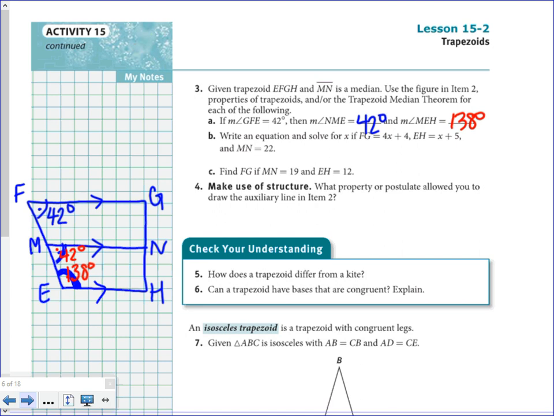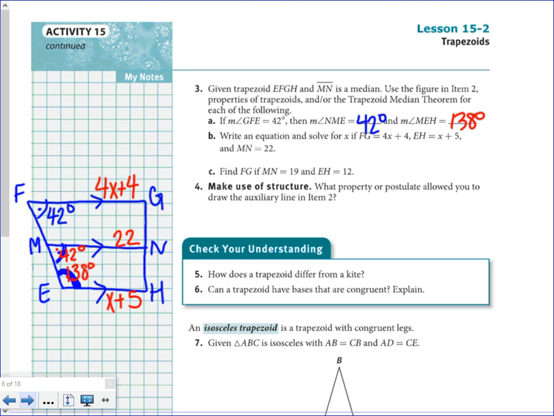For part B, it asks you to look at the side lengths. So they tell you that FG is 4x plus 4, and that EH is x plus 5, and that MN is 22. So the first thing that we need to do is to set up an equation. You can set up either one that we looked at just a minute ago.